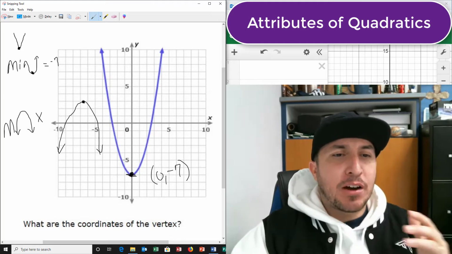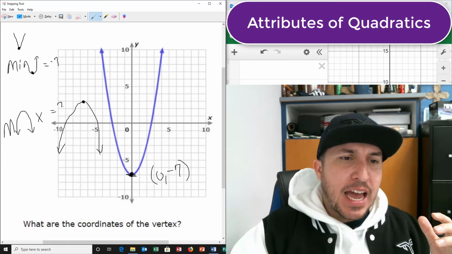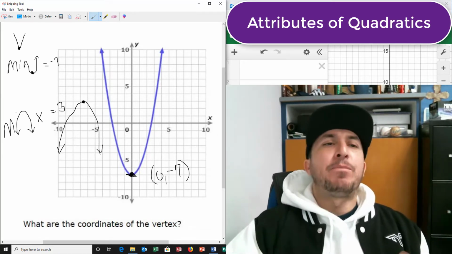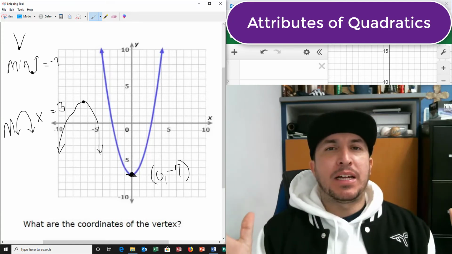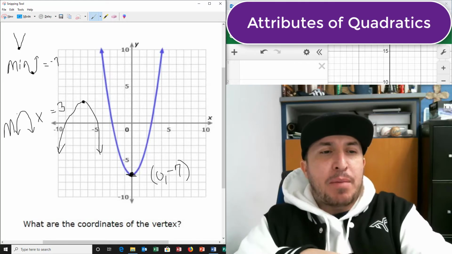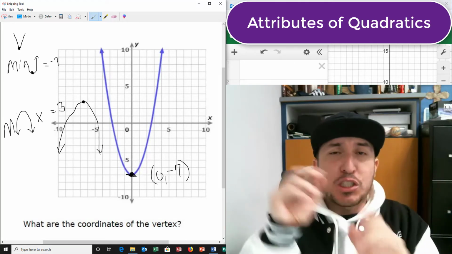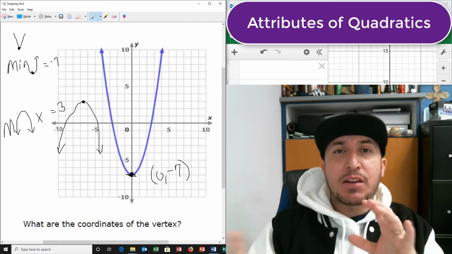Well, how tall does he go? He goes as tall as 1, 2, 3. His maximum is at 3. All right, see what I did there? So at the vertex, that's like the middle of the parabola. It's like the V where it touches. Right there at the bottom and right there on the top where the maximum is. So that's the vertex. Just find out where the coordinates are. They might ask you, is there a minimum or is there a maximum?